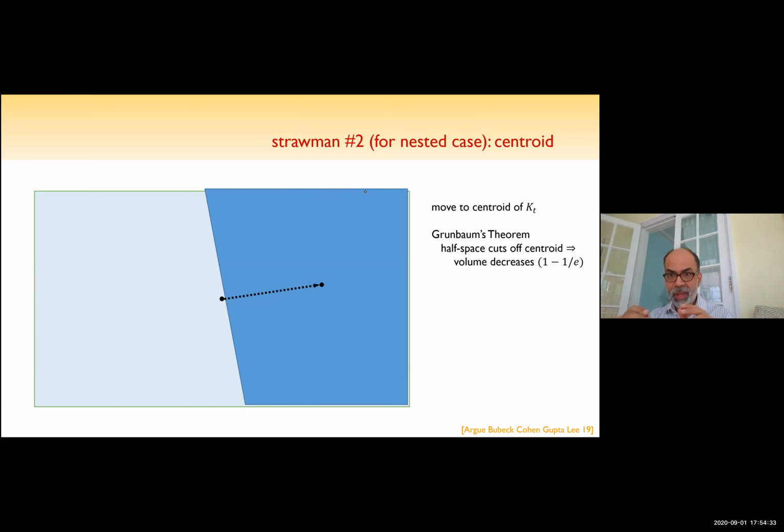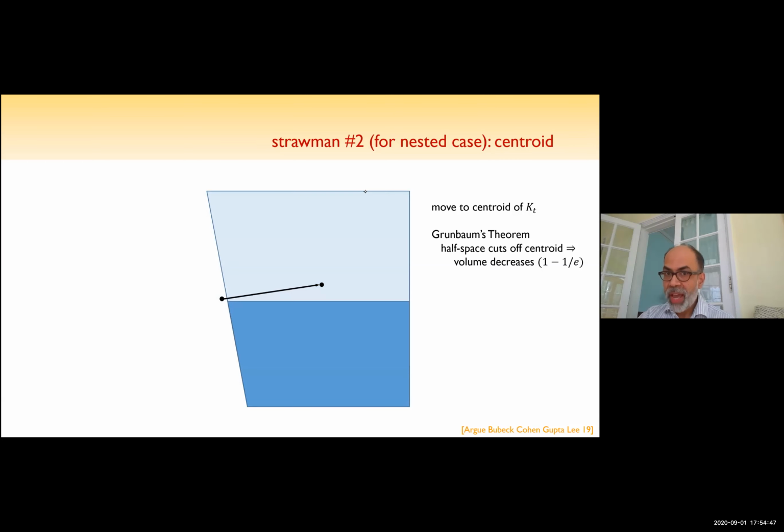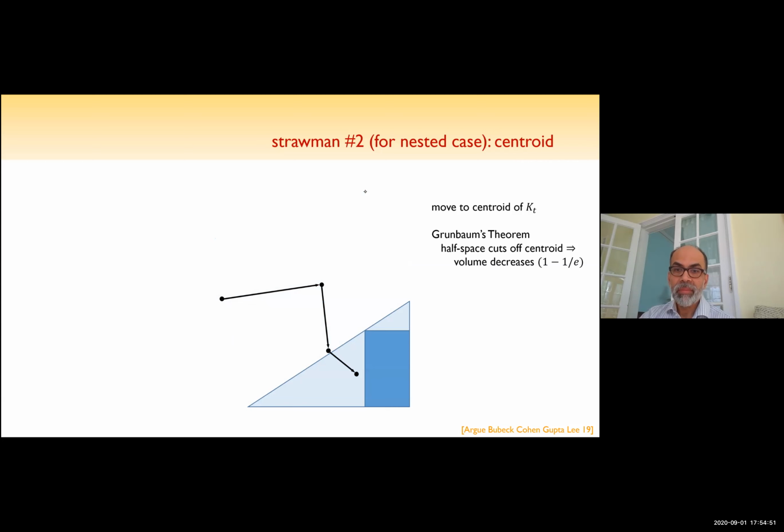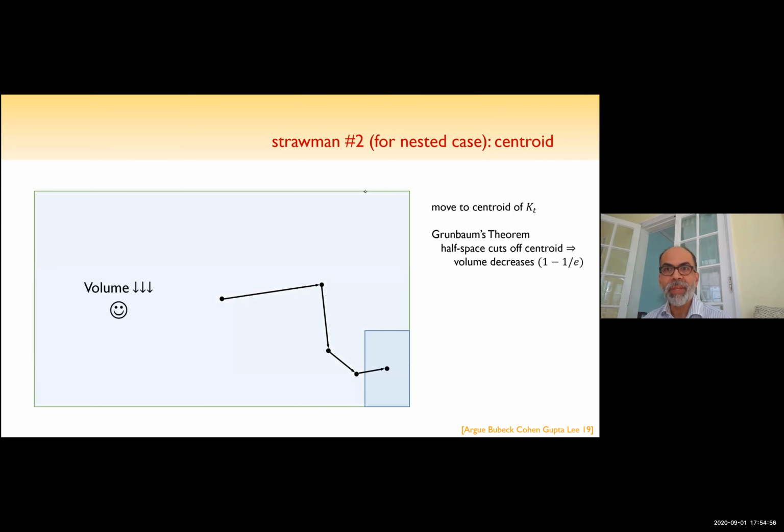So if you cut off the center of mass via a half space, the volume decreases by a constant factor. Beautiful, simple idea. And I'm using convexity crucially out here. Okay? So every time I move, half my volume decreases. Well, this is great, right? The volume is dropping so rapidly. Good things should be happening.